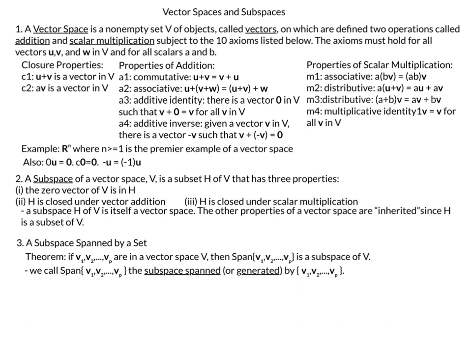So if we wanted to prove that H is a subspace, we only need to prove these three: the closure properties and that the additive identity is in H. And then last we talked about a subspace spanned by a set. So if you had a set of vectors and you considered the span of those vectors, that is a subspace of your vector space V.